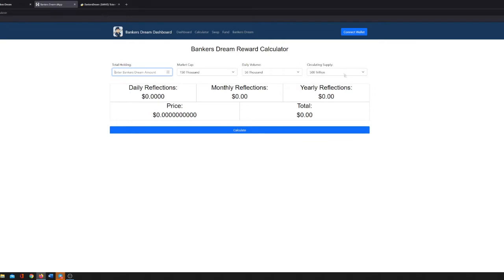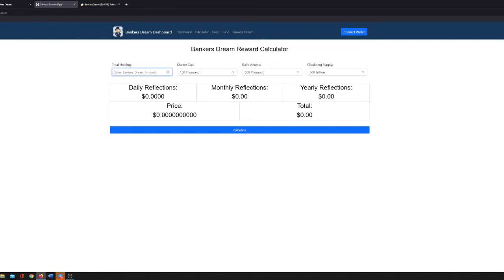Just leave the circulating supply for the moment at 500 trillion because we need to switch the numbers in the circulating supply. Just keep this at 500 trillion if you are playing around, and then you can take a look at different volume levels. As a reference, I think the highest volume we had so far was 500,000 daily, and then you can either put in your holdings or your desired bag.